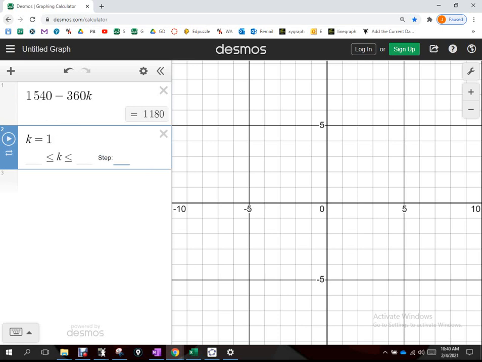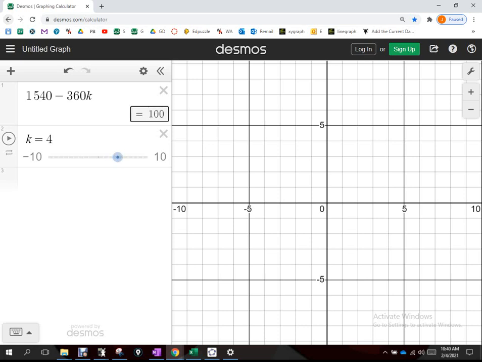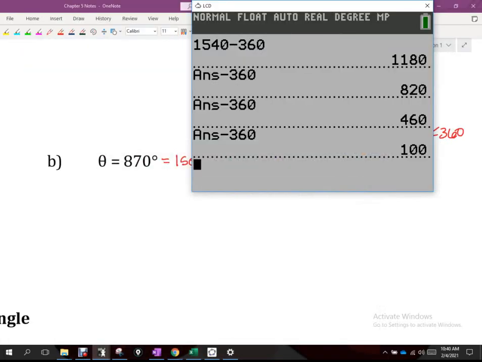But I'm going to keep my step at 1. And then I'm going to just start subtracting. I'm going to start moving this slider here, and you see how it starts subtracting multiples of 360. And I just stop my slider when it gets between 0 and 360. So you could do it that way. But like I said, I don't know if you're going to, maybe there might be one assignment where we have 10 of those in it or something like that, and that would be maybe the only assignment that you see an abundance of those, that writing a program would make sense. You can do the same thing with Excel.